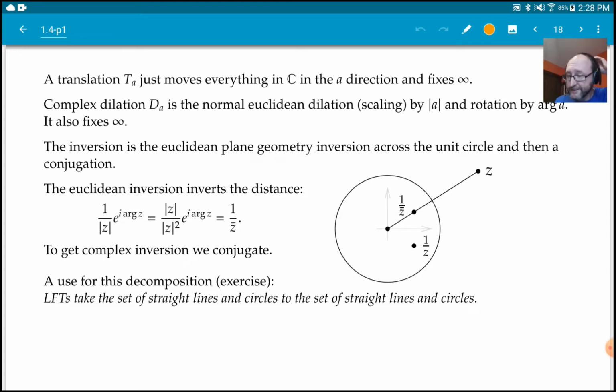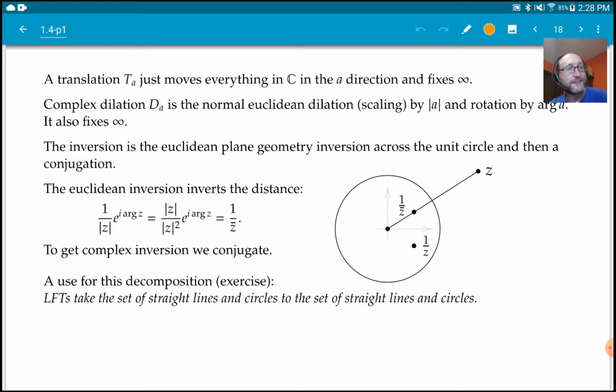And you could even think of this as being sort of bijective on this set. Maybe not bijective, but you can think of making it a bijective map.